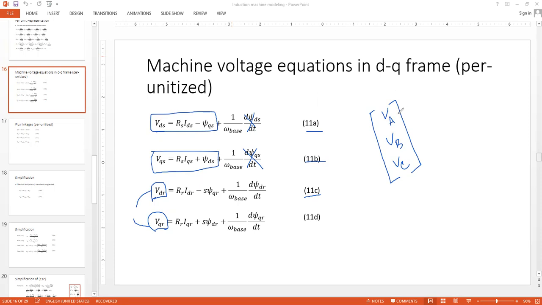I mentioned it actually in the last class where we met. It is short circuit. Those are short circuited, so you will get a very small, negligible value if you take it in the DQ frame, and in per unit it would be further reduced.